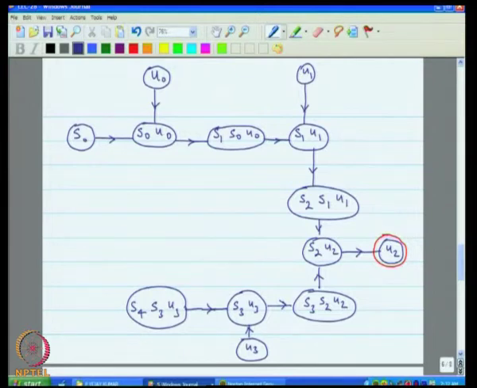Let us just see what kind of messages will flow along this graph. Now I want to also indicate where we have the marginalizations taking place. So for example, in going from here to here, it is an injection. So the first marginalization actually takes place here.